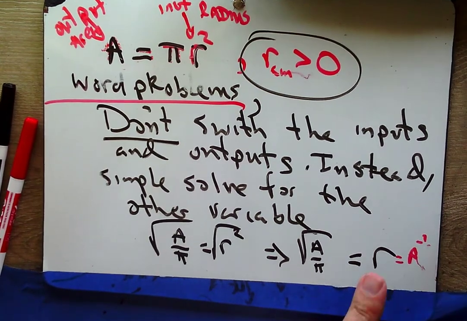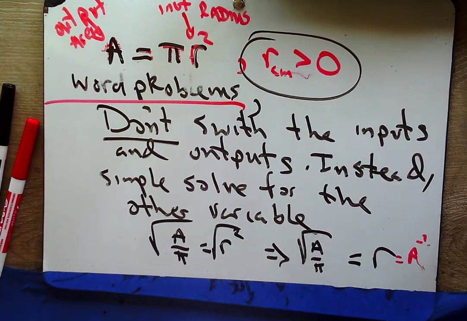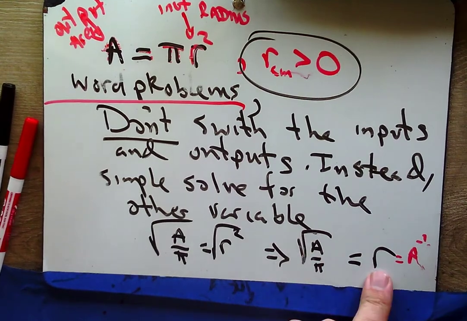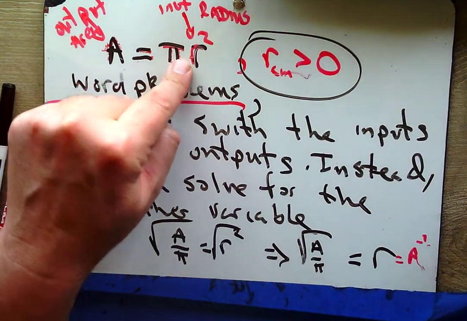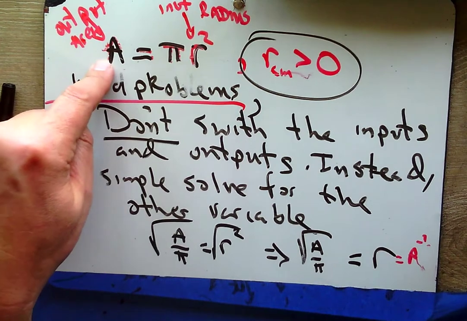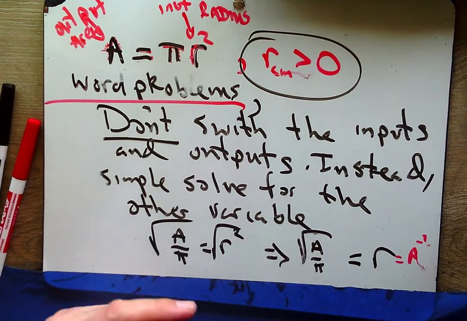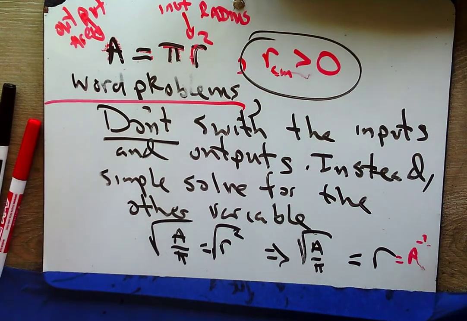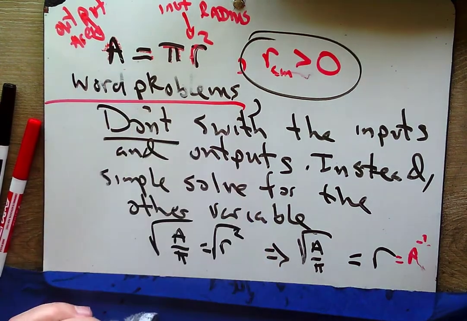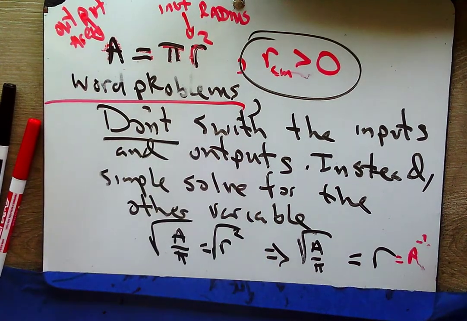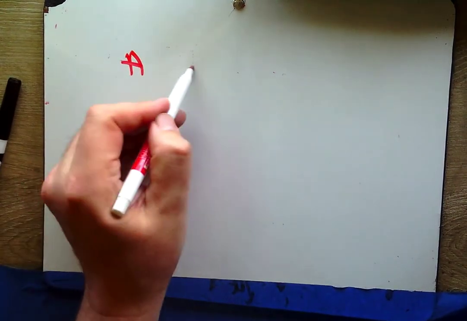A inverse means R is the output and A is the input. I'm going to plug in an A, I'm going to get out an R. On the original function, we plugged in an R and got out an A. See how they switched jobs? But we didn't switch the variables here and solve for the other one. We simply solved for the other variable. We had been solved for A, we've now solved for R. Okay, so that's kind of big and new and different for inverses. We're not going to be switching those variables.